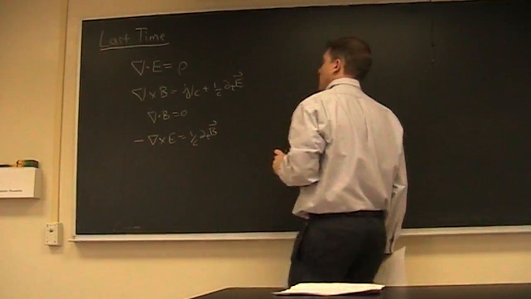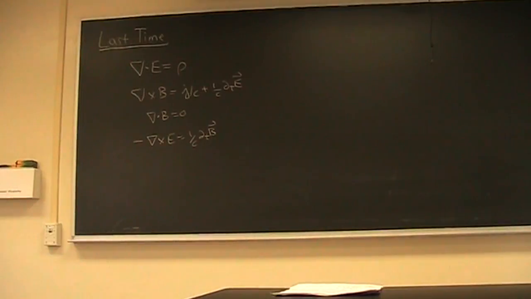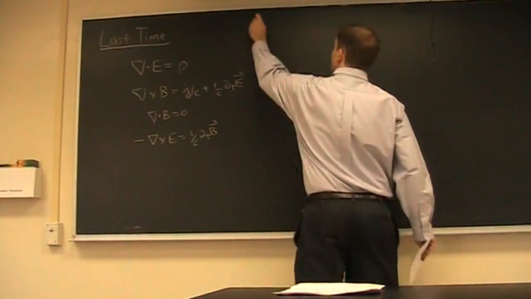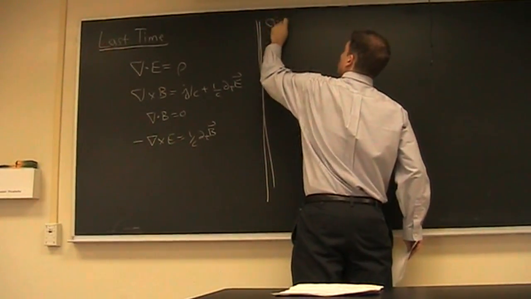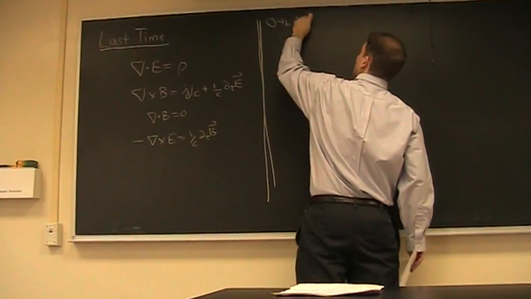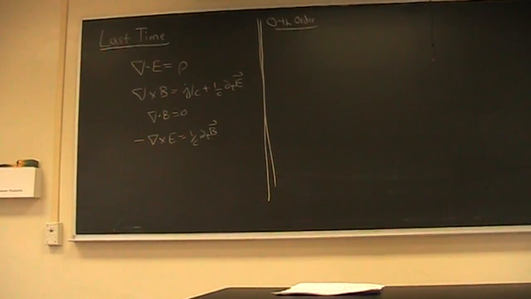Okay, good. So what we've been doing is working at lowest order in 1 over c, right? And at lowest order, 0th order, let's leave off the media for now.